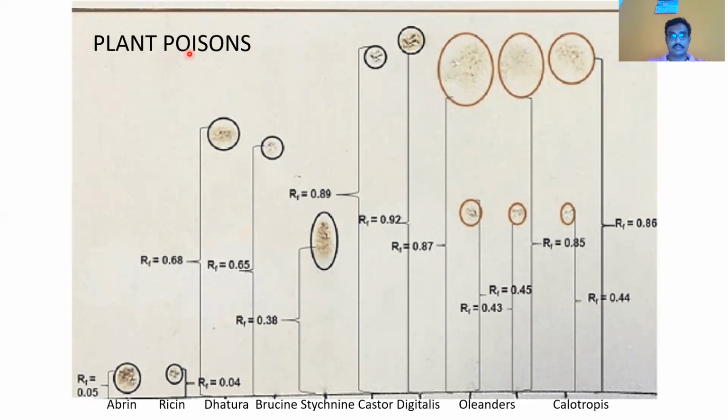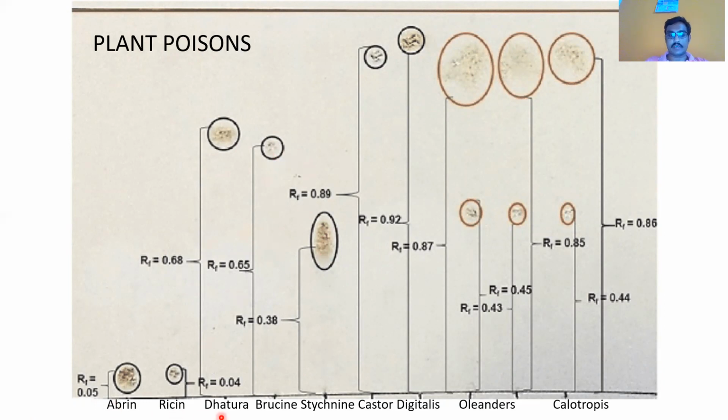These plant poisons are usually alkaloids, glycoproteins, glycolipids, kind of chemical structures, and they easily get separated on our TLC plate. We already learned that plant pigments get easily separated on our TLC plates, and also our paper plates. So we can separate plant poisons.